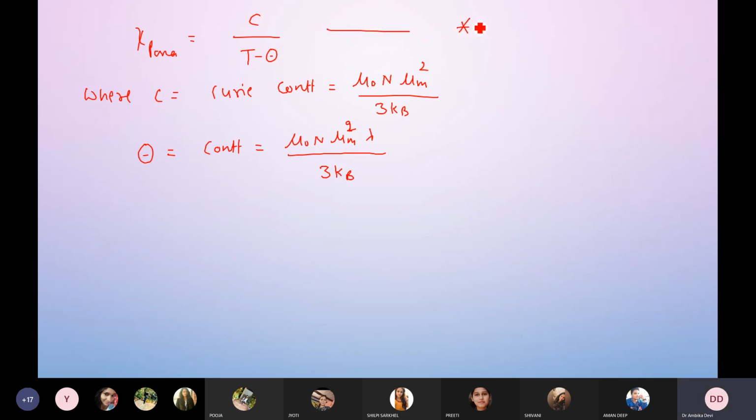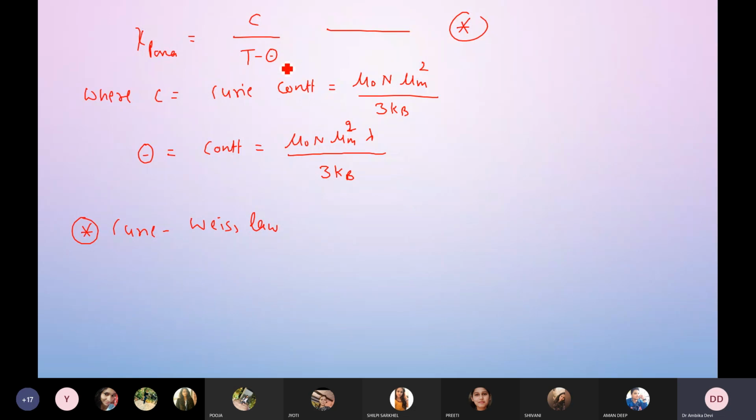So this equation is known as Curie-Weiss law. Here C is the Curie constant, theta is called paramagnetic Curie temperature.